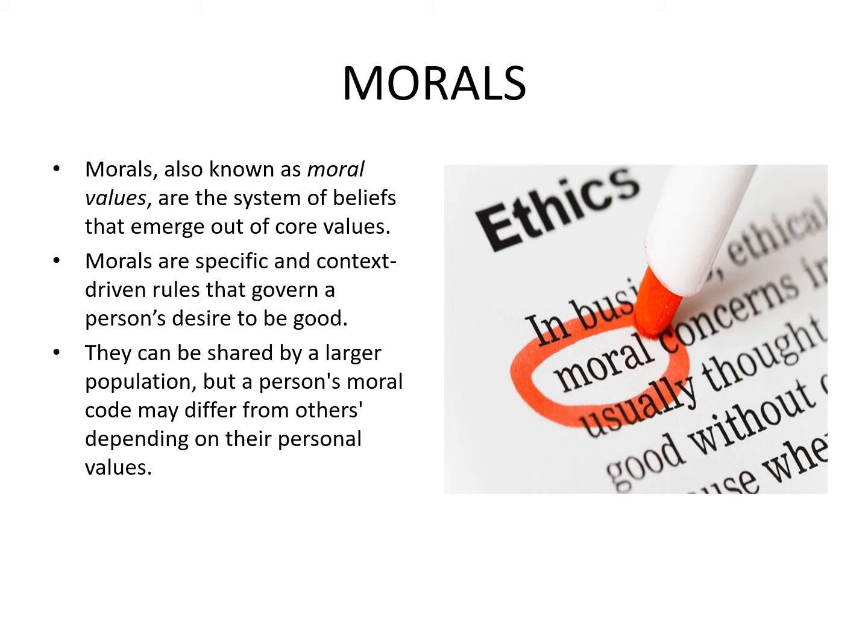So morals are very specific and context-driven rules that govern our desire to be good, our desire to be an upstanding, upright citizen of society. They can be shared by a larger population, but a person's moral code certainly can differ from other people's because it all depends on our personal values.